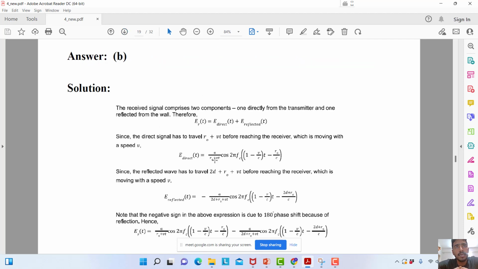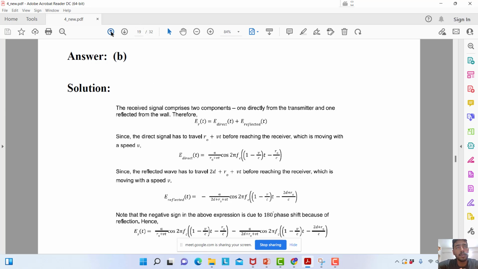So alpha is the gain and r0 plus vt is the distance. We can write cos(2 pi fc (1 minus v/c) t minus r0/c). R0 is the distance and this is the vt term. So this is the equation for the direct term.